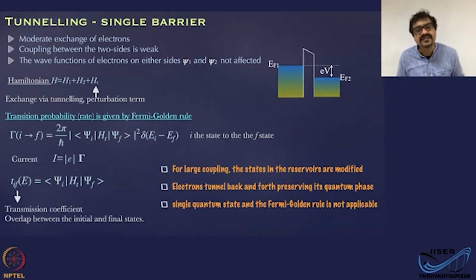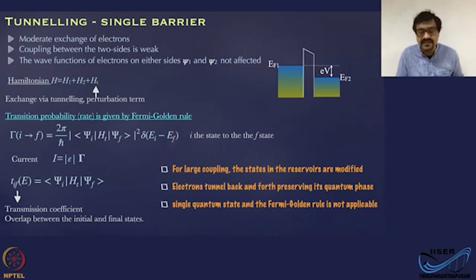So in this specific situation, you can calculate the transition probability or transition rate by applying Fermi's golden rule. Okay, which actually says the rate from initial state to the final state is given by this matrix element, which couples the initial and final state through the tunneling Hamiltonian, and the delta function EI minus EF.